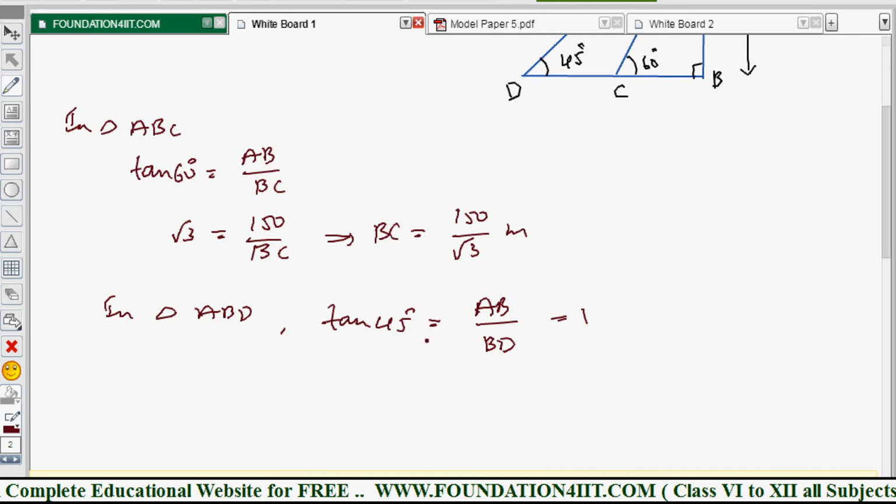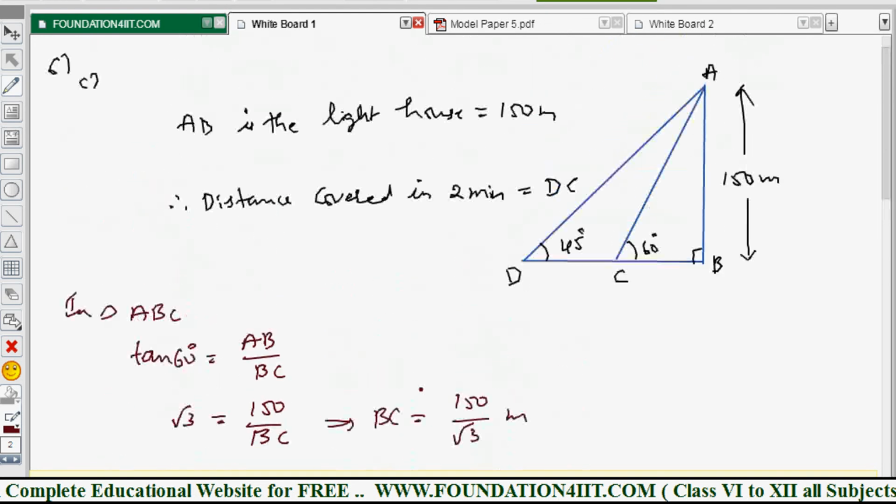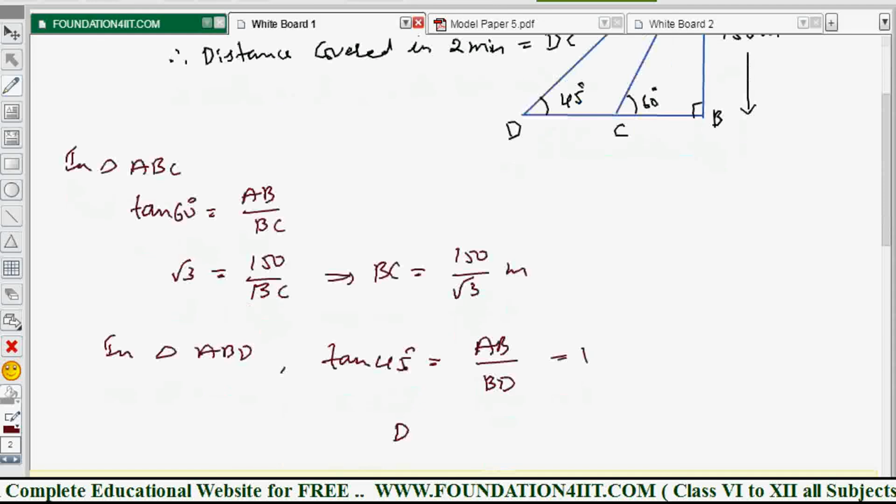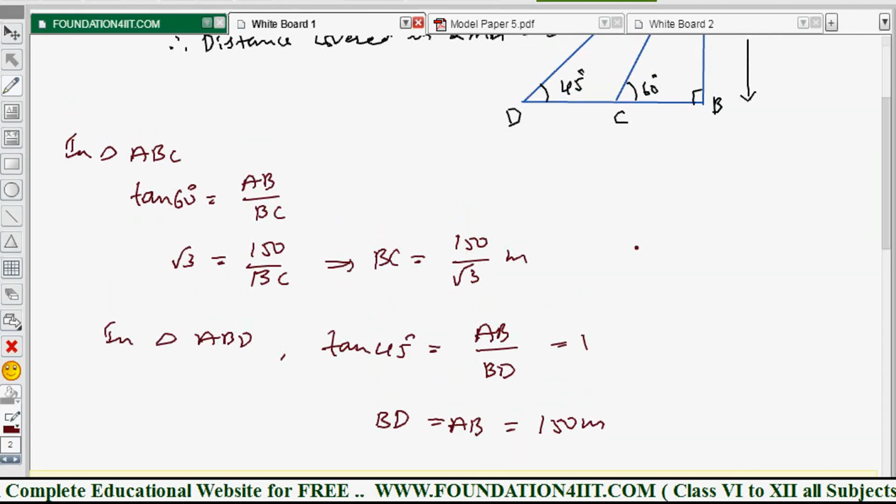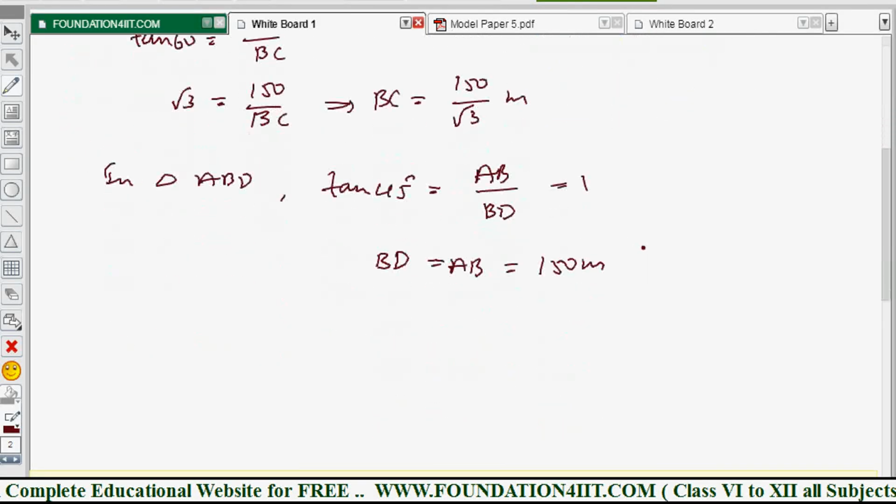Then AB is equal to DB, because AB is equal to BD. And BD is equal to AB, that is again 150 meters. So B to D is 150, and we already got the BC value. Then you can find out CD or DC.